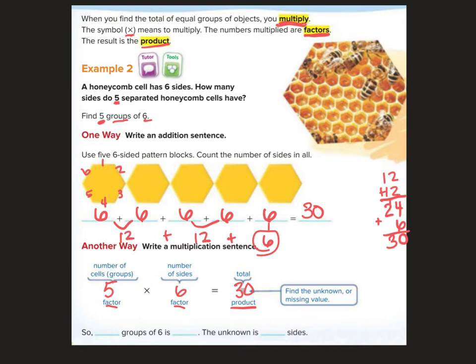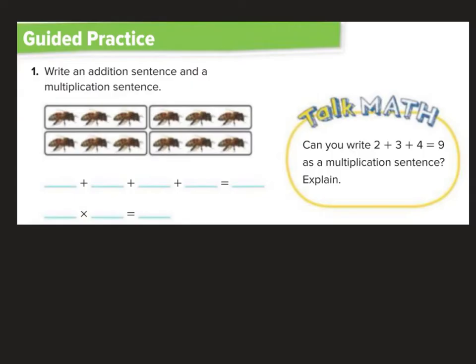So product is the new one we're adding here. So 5 groups of 6 is 30. The unknown is 30 sides in 5 honeycombs.